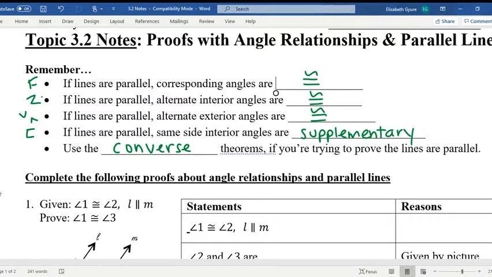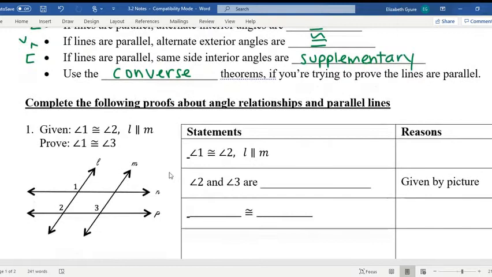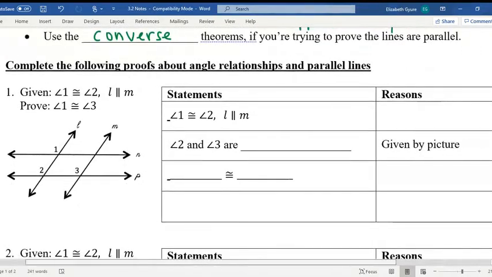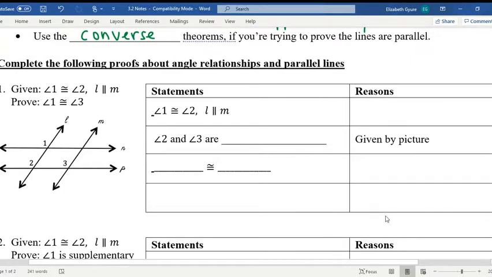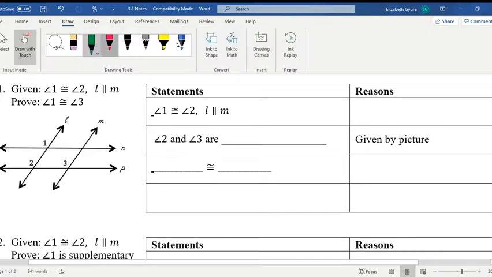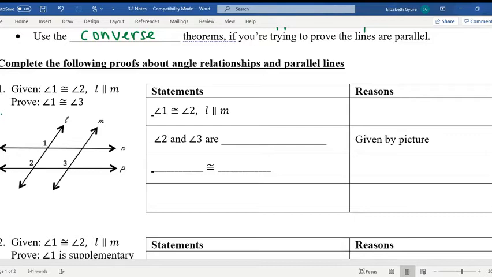All right, so we are going to complete a couple proofs here. So for our proofs, we are given that angle 1 is congruent to angle 2 and that line L is parallel to line M. We want to prove angle 1 is congruent to angle 3. So we are given, and anytime you are given information, if it's not marked in your picture, please make sure you mark it.